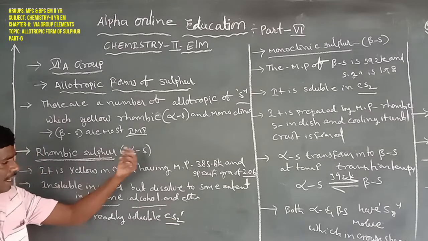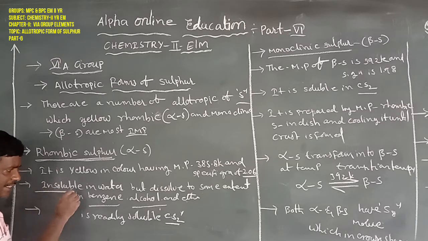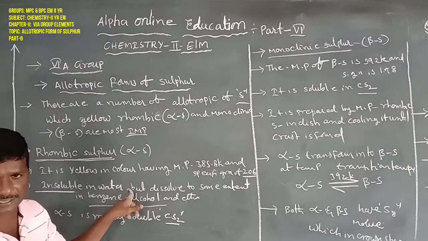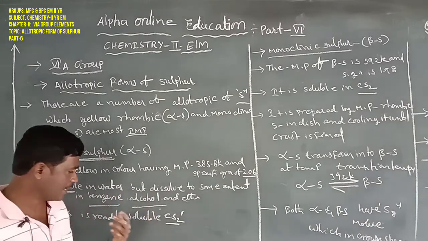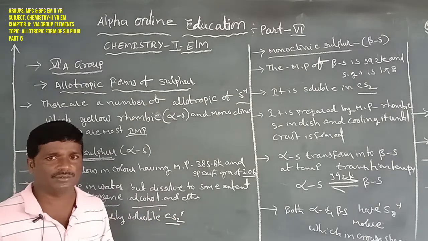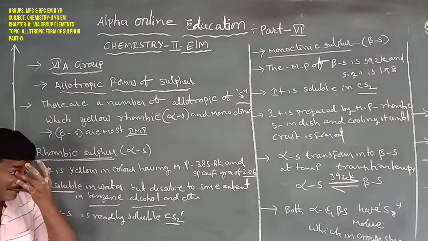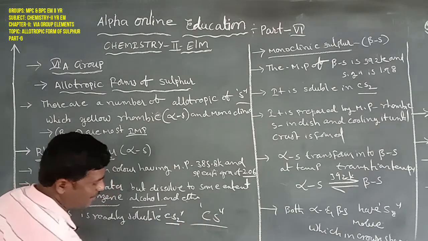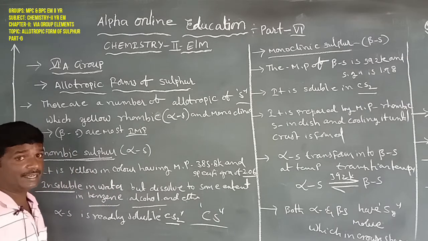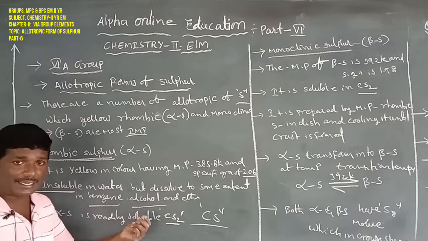Alpha sulfur is also readily soluble in carbon disulfide, CS2.